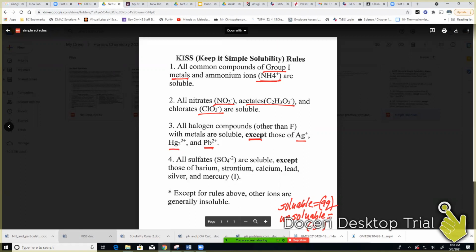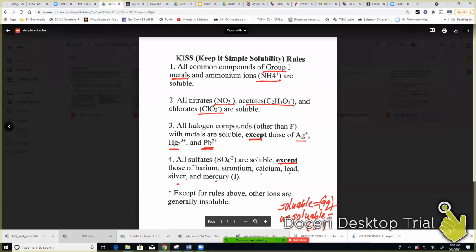So like on our warm-up today, we had lead chloride. The reason it wasn't soluble is because that was an exception. So that made it a solid when it was produced. All sulfates are soluble except, so these are my exceptions, barium sulfate, strontium sulfate, calcium sulfate, lead, silver, and mercury 1 sulfate. All of those would be solids.